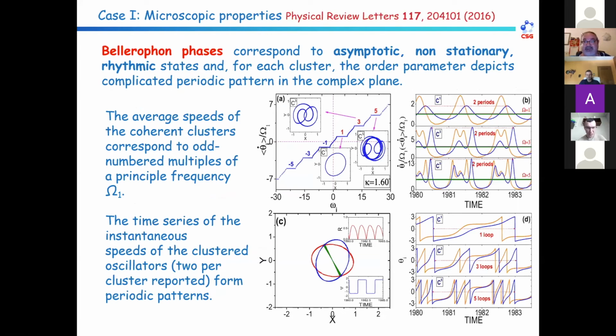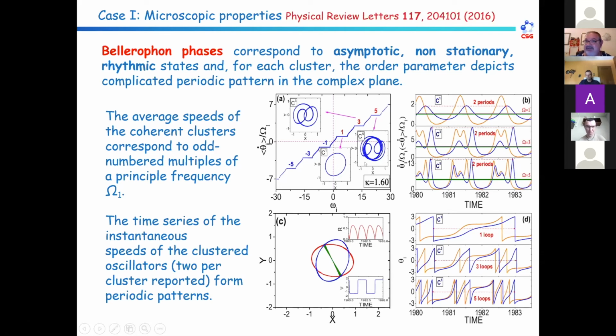Remember, the Kuramoto order parameter in general is a complex number. In the complex plane, imaginary part, real part, I have a motion which is period 1. It's periodic, period 1. At the same time, if I now take the oscillators forming cluster 3, I have another periodic motion, but it's period 3. And if I take the oscillators forming cluster 5, I have period 5, and so on and so forth, period 7, period 9.